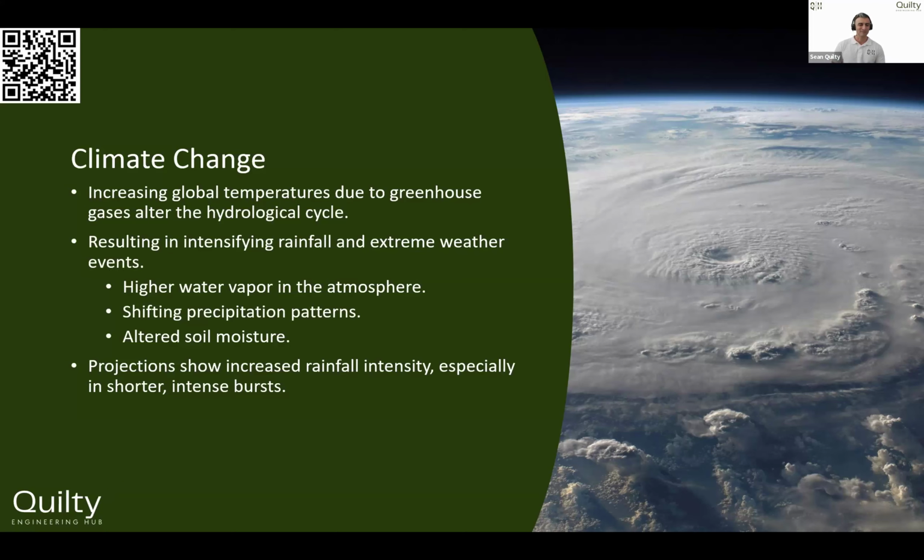When it rains, it's doing some strange things that it hasn't really done in the past. This increase in greenhouse gases is intensifying our rainfall and our extreme weather events. The way that it does that is that because the atmosphere is warming, it increases the water vapor within the atmosphere.